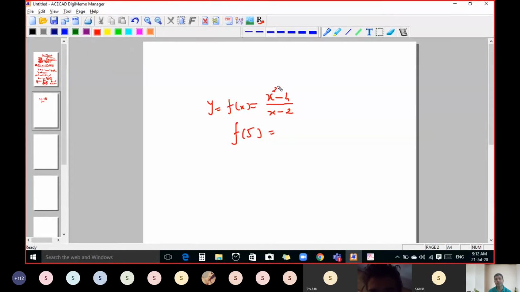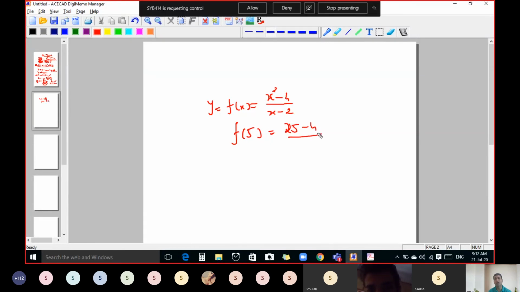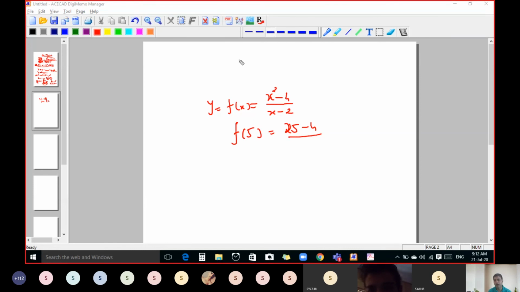The meaning of that is, if x is 5, what is the value of y? So putting x equal to 5 here, we get 25 minus 4 upon 5 minus 2. So the answer is 21 by 3, that means 7. Now if there is a question, find out f of 8.